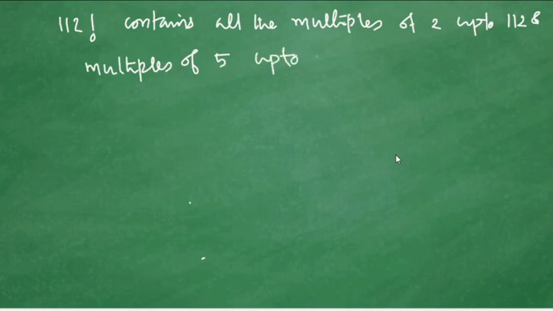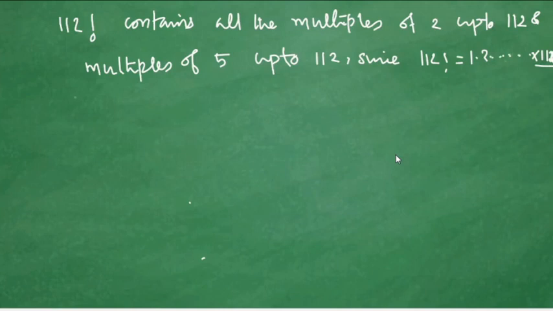What is the reason? Since 112 factorial is the product of the first 112 integers, it must contain all the multiples of 2 up to 112 and all the multiples of 5 up to 112.